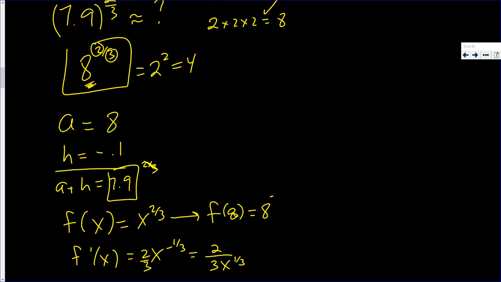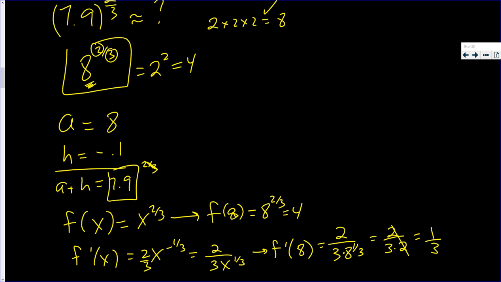Now, what is f prime of 8? Well, it's 2 over 3, 8 to the negative 1/3. 8 to the 1/3 is 2. So we get 1/3 because those 2's cancel.